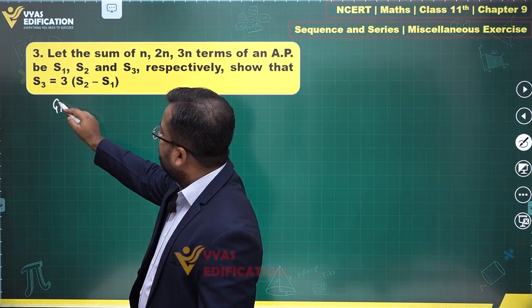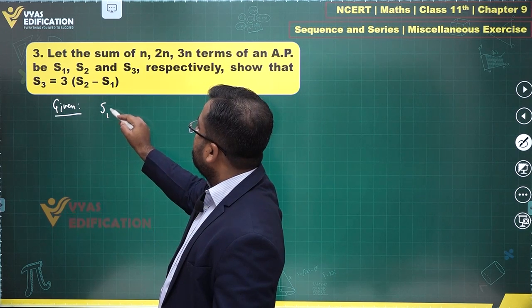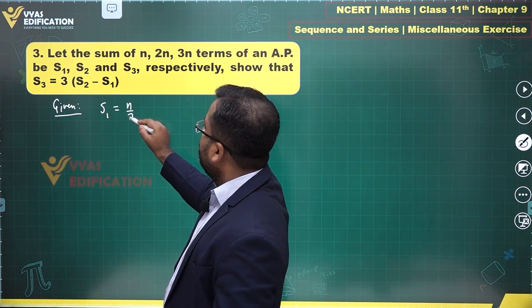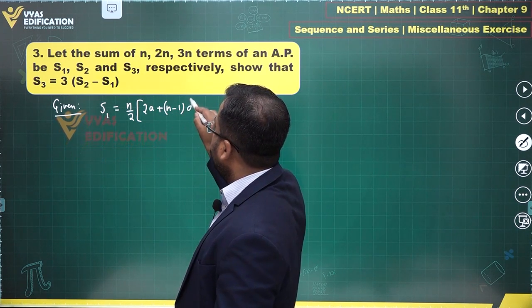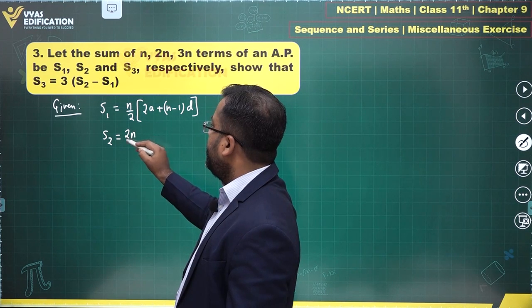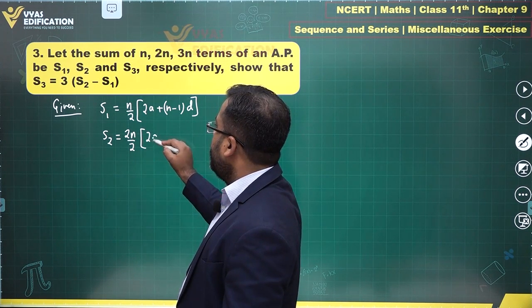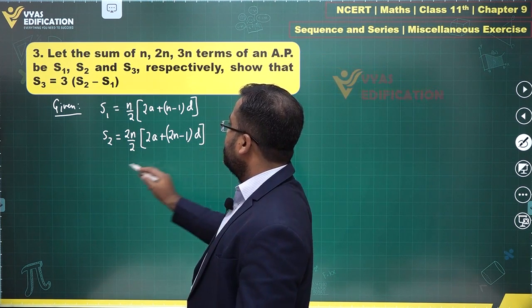So given S1 is equal to n by 2 times (2a plus (n minus 1) d). This is what you know. S2 is equal to 2n by 2 times (2a plus (2n minus 1) times common difference).